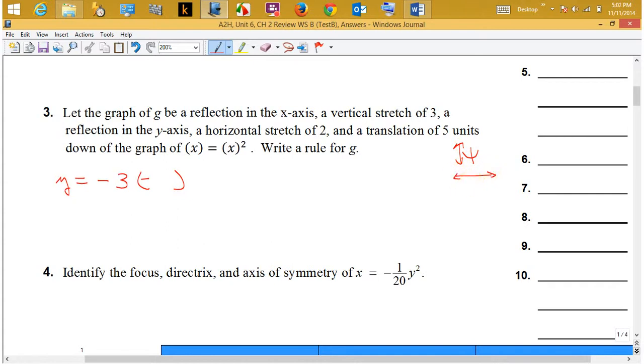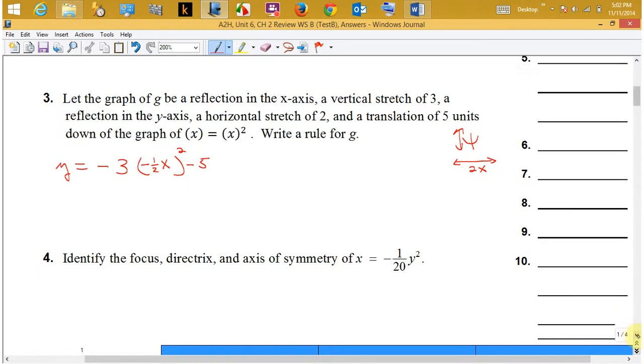And if it's stretching by 2, which means in the graph I'm multiplying by 2x, that means in the actual equation I would have to have 1/2 x. So that would be a horizontal stretch of 2. And then it has a translation 5 units down. That would be a y shift 5 down.